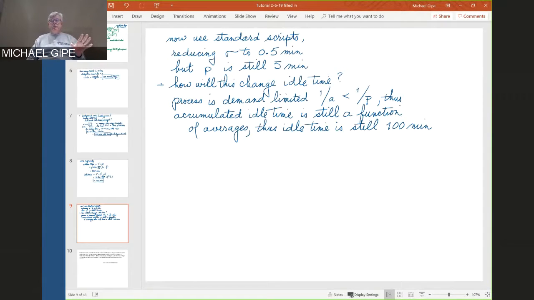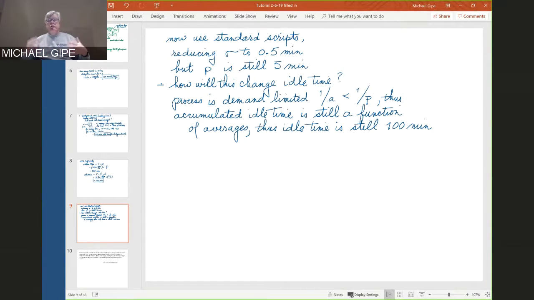Because we've got a queue in front and because we have utilization less than 1, the lawyer can pick up a new email as soon as he's ready to process it. He'll process it in on average 5 minutes. A little less variability than it was before, and so that's going to affect how much variation he has in the idle time in between emails that he processes.